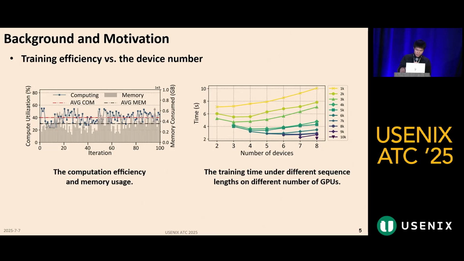We observed significant fluctuations across iterations with low average computation throughput and memory utilization. The right figure, showing training time under different sequence lengths on a varying number of GPUs, highlights that the optimal number of devices changes with sample length. Given that most iterations in variable length training consist of short data samples, static strategies severely degrade overall throughput.